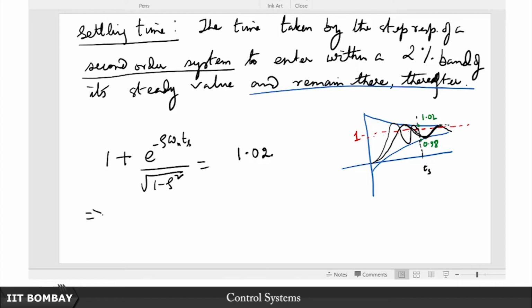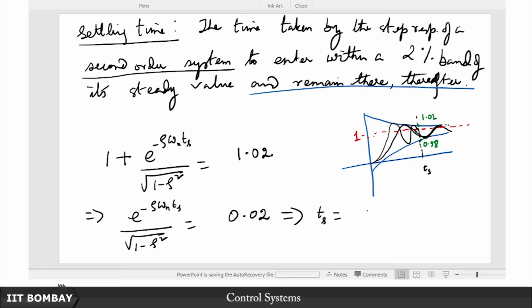So in other words, e to the minus zeta omega n t s upon square root of 1 minus zeta squared is equal to 0.02, which after some simplification would lead to settling time being given by minus 1 by zeta omega n times the natural logarithm of 0.02 times square root of 1 minus zeta squared.